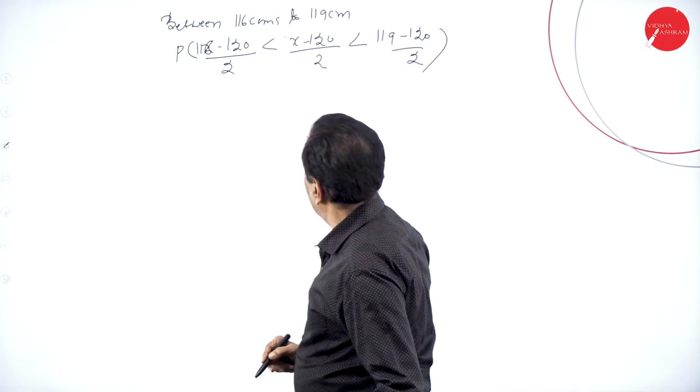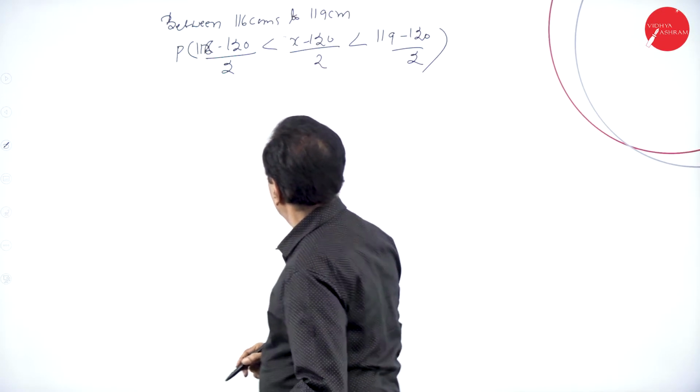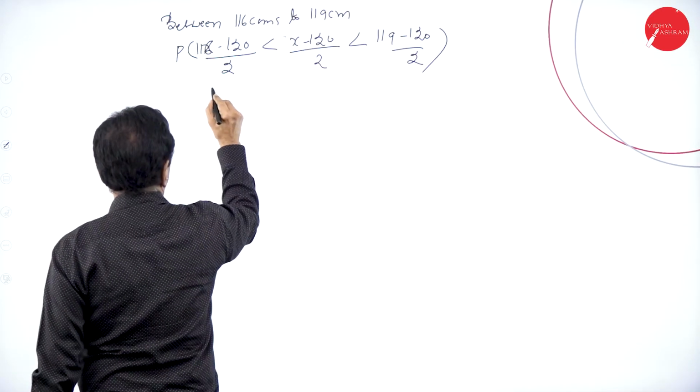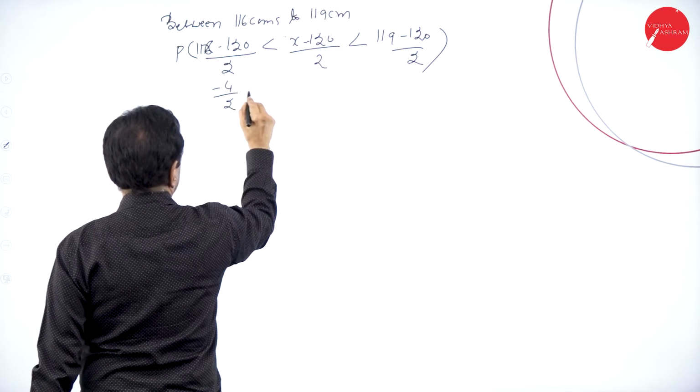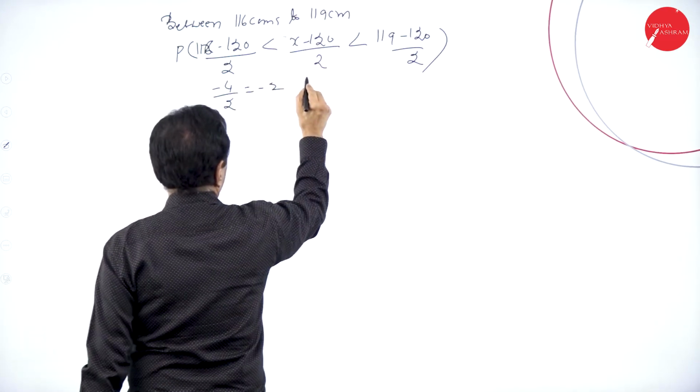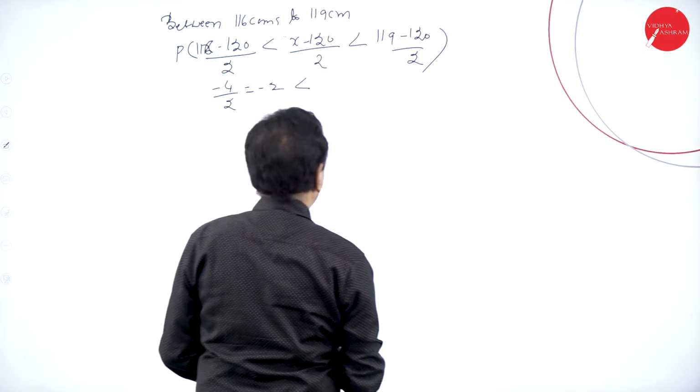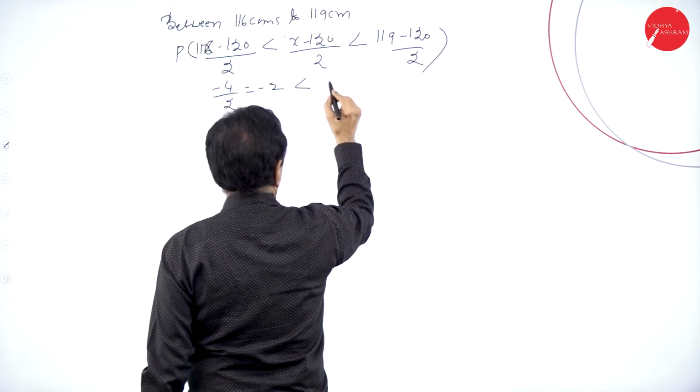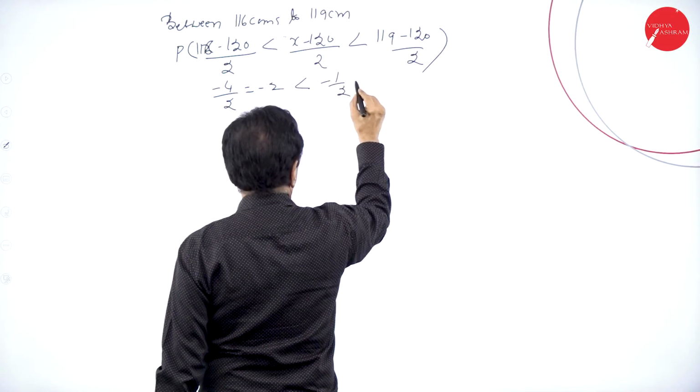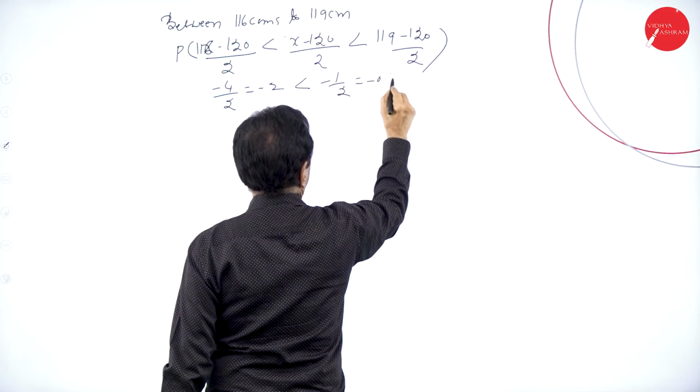So 116 minus 120 is minus 4 divided by 2, this is minus 2, less than 119 minus 120 is minus 1 by 2, this is minus 0.5.